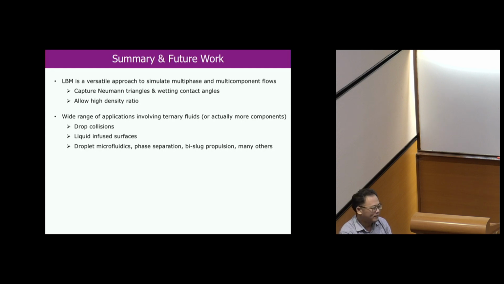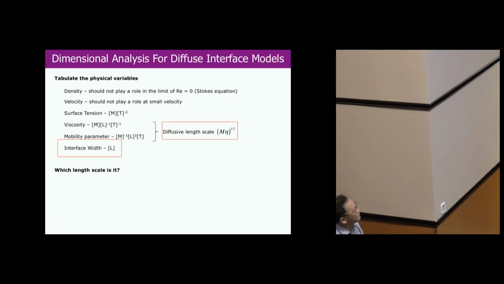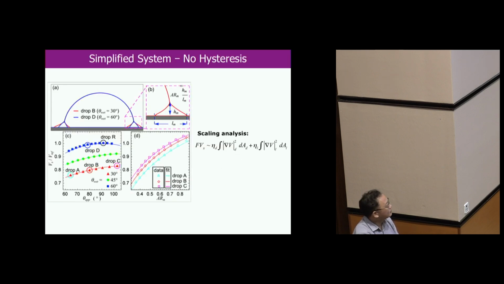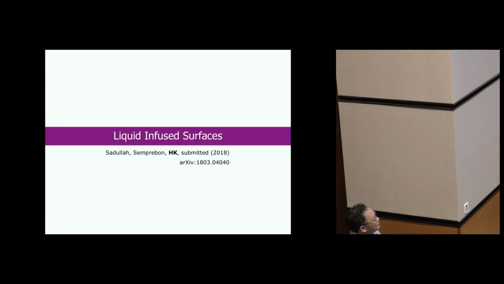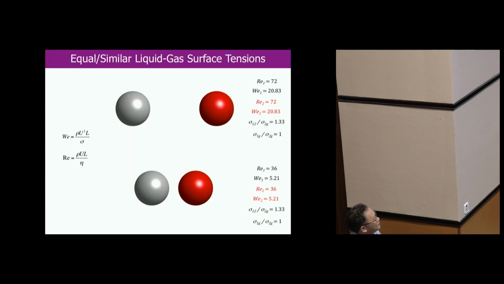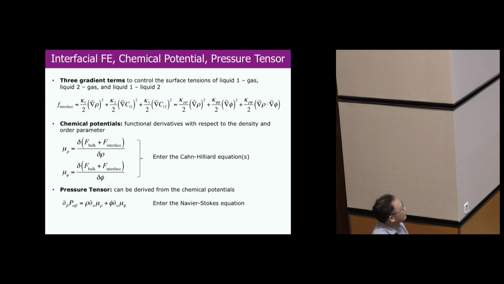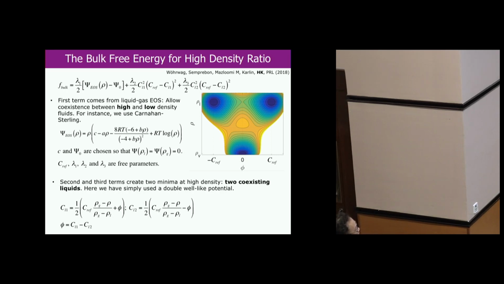Yeah, I think that's an excellent observation. Our choice of free energy potentially has that issue, though we haven't noticed it. Sorry, let me go back to the plot that I was showing earlier. Here we have chosen two order parameters: one to distinguish the liquids, and the other to distinguish the density.